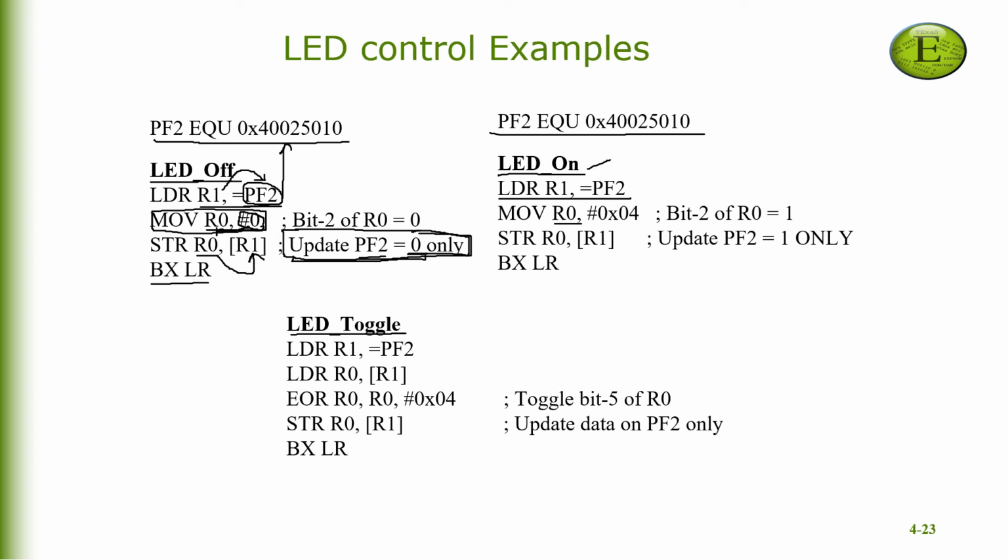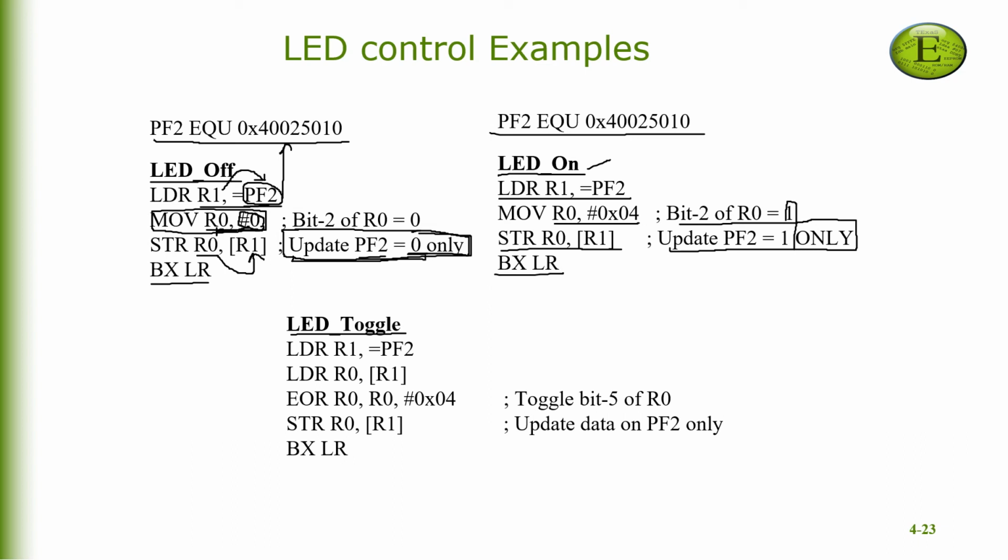We move the value, this time hex 04. That is, all of the bits of R0 are 0 except for bit number 2. And then we write back that value to the port. And because we're using bit specific addressing, we only update the port F pin number 2 value only.